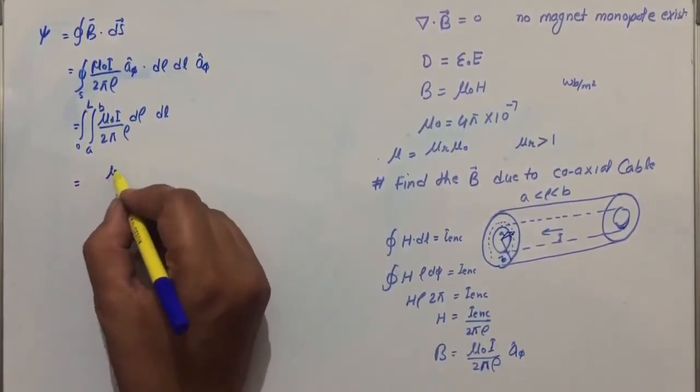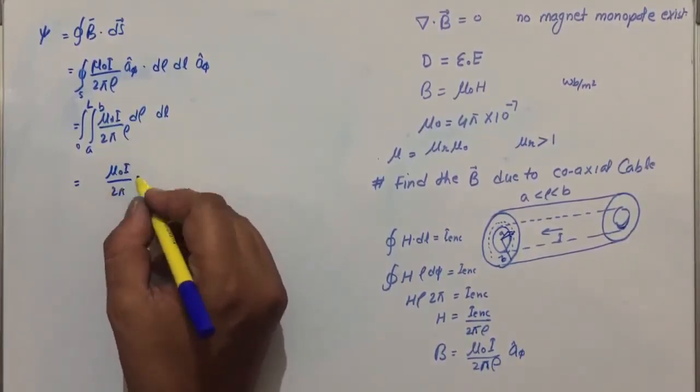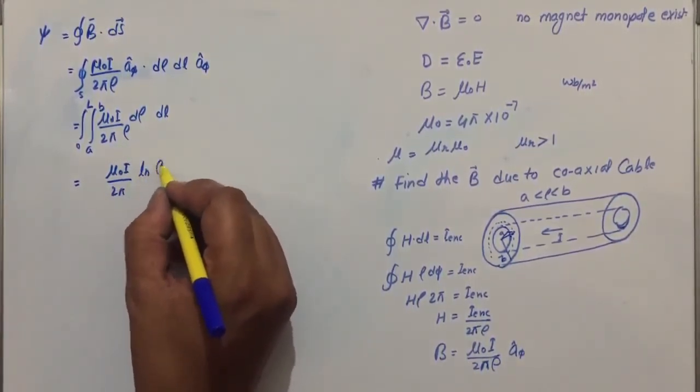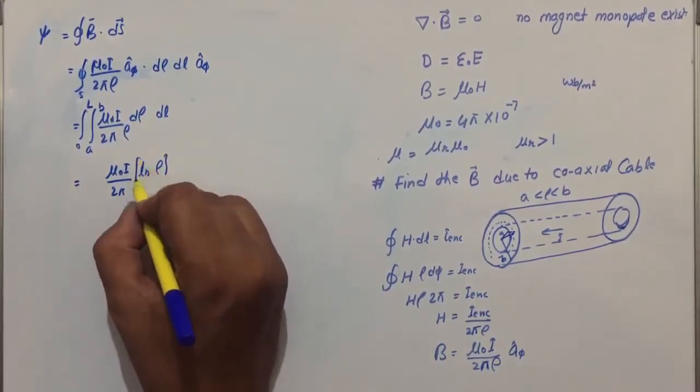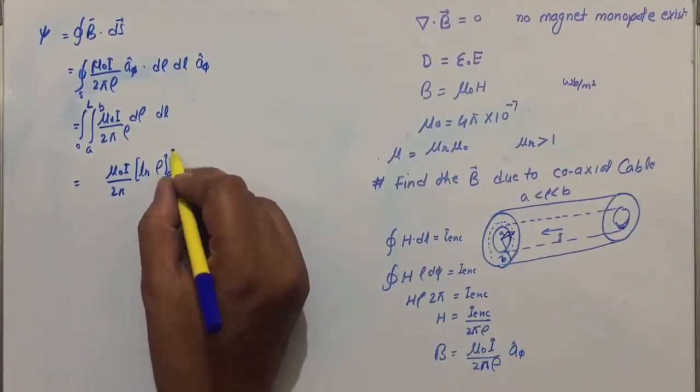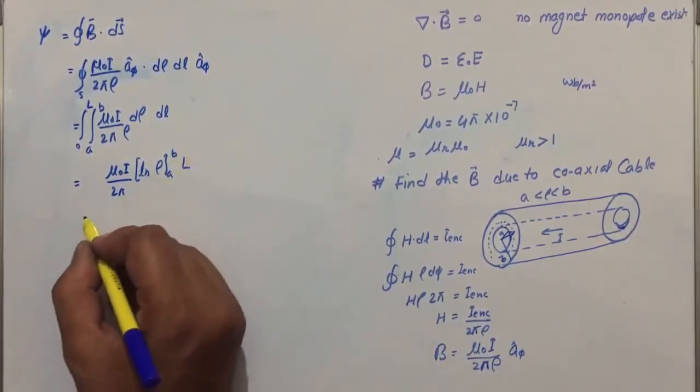So mu naught I divided by 2 pi, d rho by rho gives log rho, where rho is varying from A to B, and dl will be the total length.